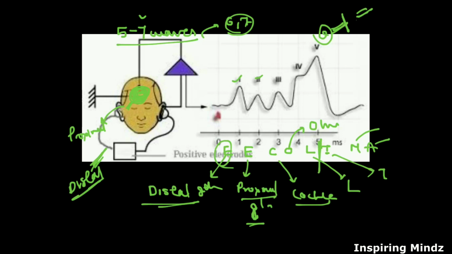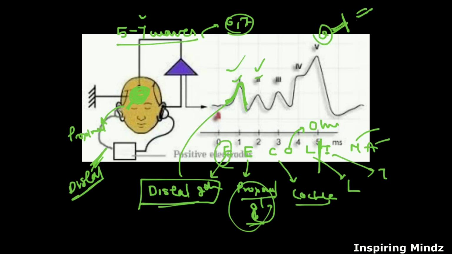Okay, so let's discuss. The formation of the first wave is due to the loss of some of the electrical stimulus from the distal part of the eighth nerve. Wave 2 is formed from the proximal part of the eighth nerve.